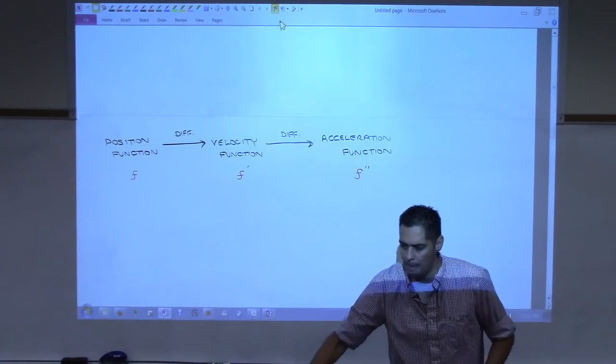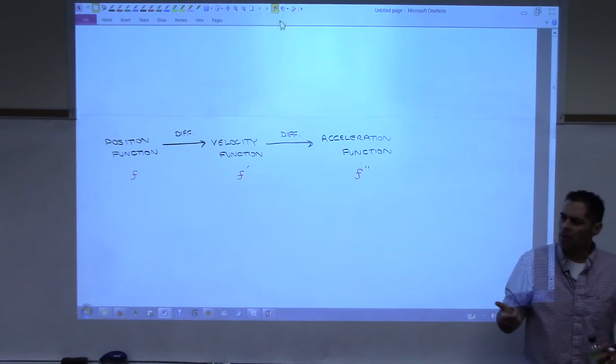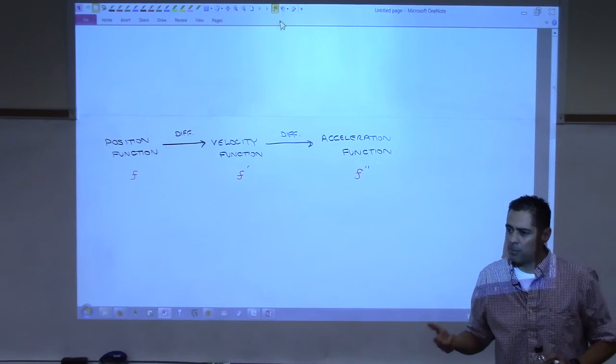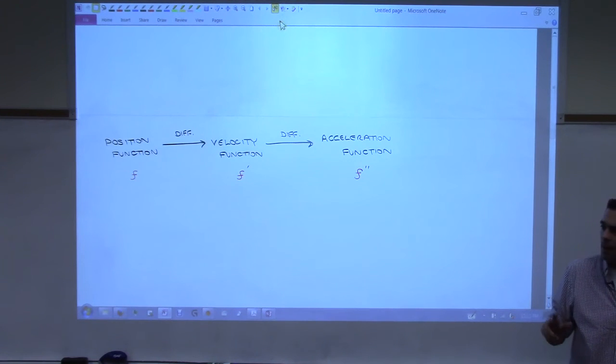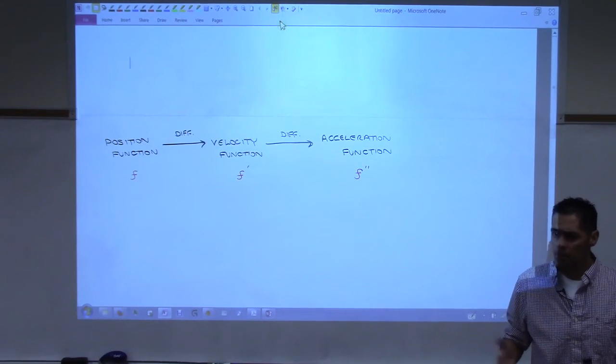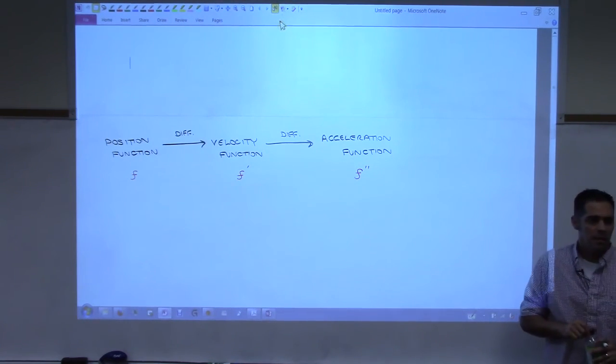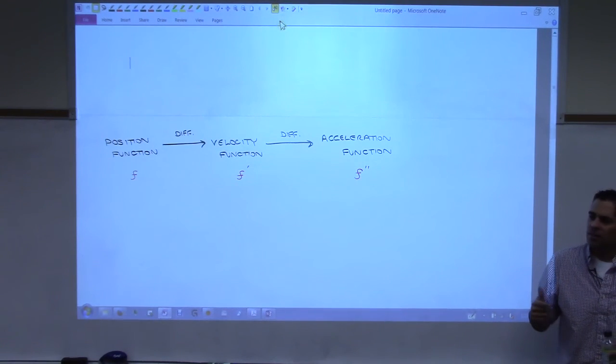You may have heard negative 9.8 meters per second per second. If you convert that to feet per second, it's about 32 feet per second. Gravity is an acceleration. It gives you the rate of acceleration of something.